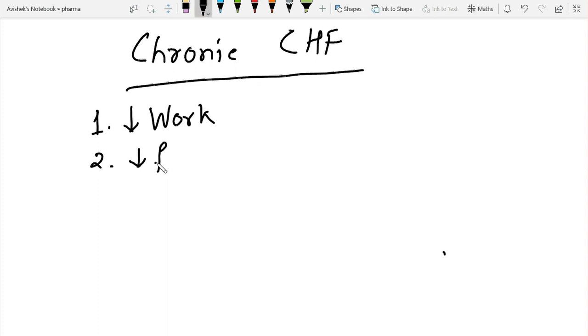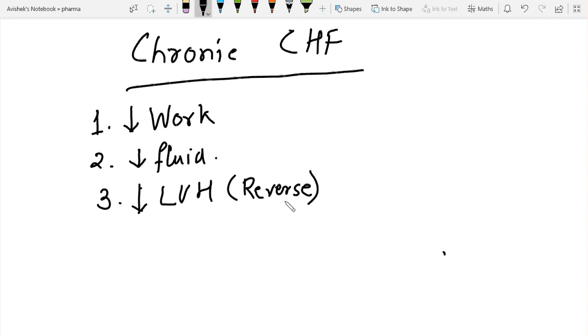Decrease the fluid also. And third thing, in chronic congestive heart failure, we have left ventricular hypertrophy. So we have to decrease the left ventricular hypertrophy, only the reversible one. So reversion of left ventricular hypertrophy. If you can correct these two things, this will revert.